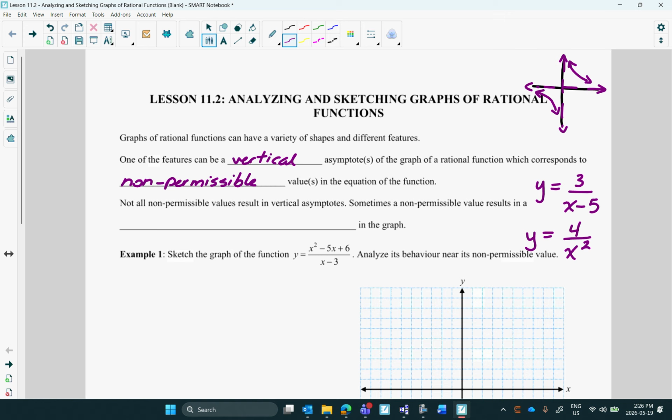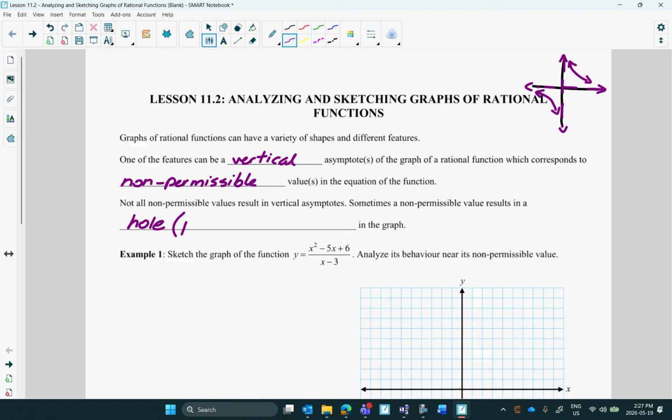However, depending on the rational function, we might be able to do some canceling. And if you can do some canceling, it will take out the vertical asymptote and replace it with the informal word, which would be a hole.